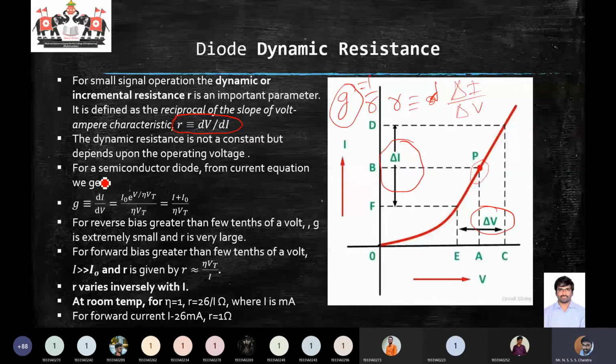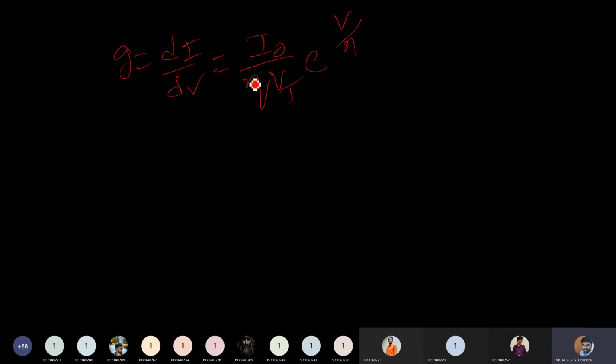G equal to dI by dV is equal to I naught into e power V by eta Vt, by eta Vt. Again, you can rewrite this term in terms of I naught also. But we have the expression I equal to I naught into e power V by eta Vt minus 1.